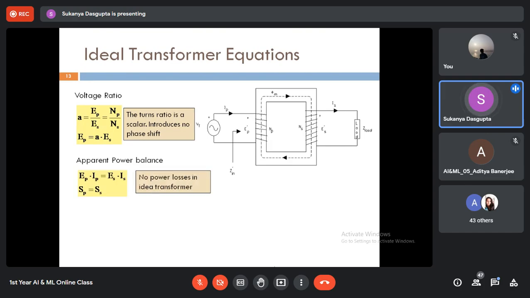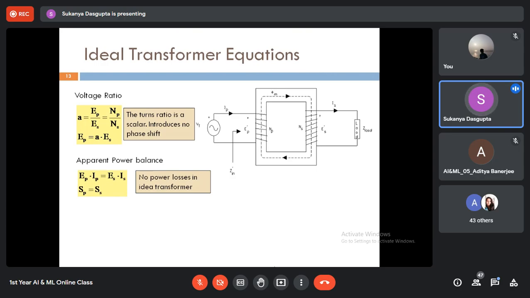And as I said already, in transformer working there should not be any change in power level. Only voltage or current can be stepped up or stepped down, keeping the total input power exactly equal to the total output power at the secondary side, right?